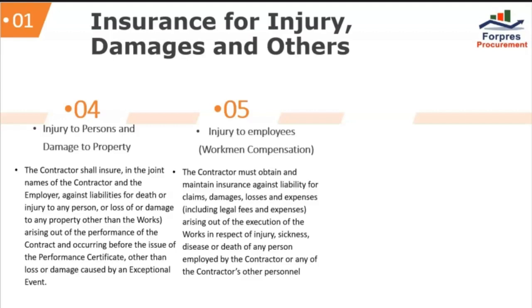The employer and the engineer shall also be indemnified under the policy of insurance except for losses and claims arising from any act or neglect of the employer or of the employer's personnel.